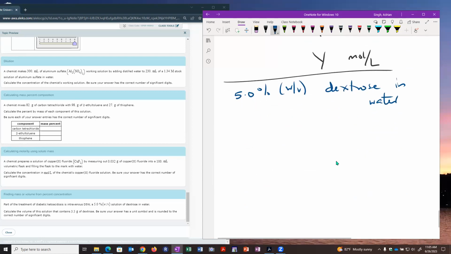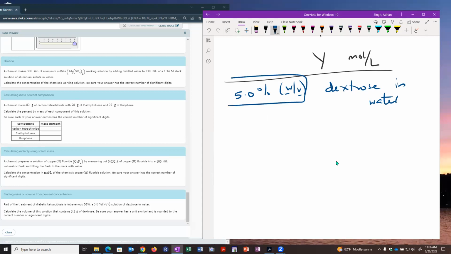Well, this is a mass percent or weight percent, and it's W over V. So this is weight volume or mass volume percent.